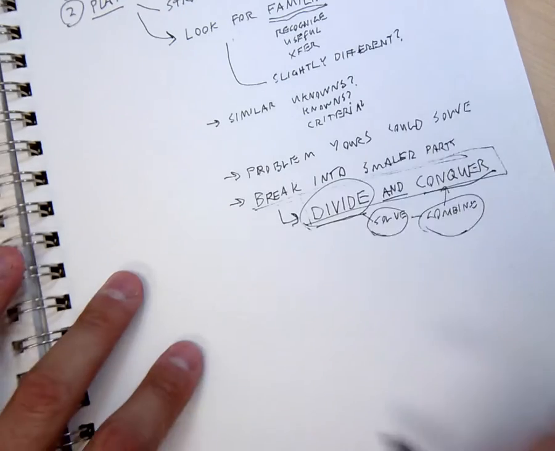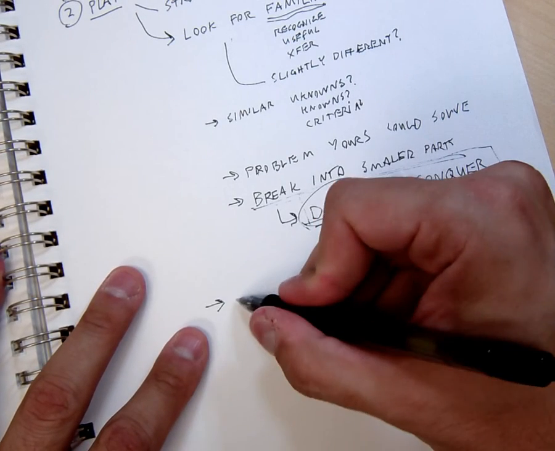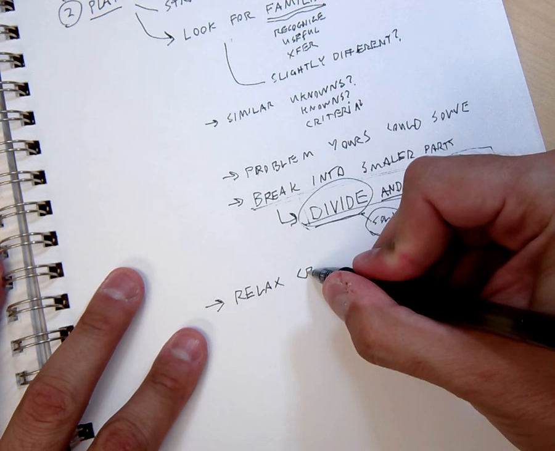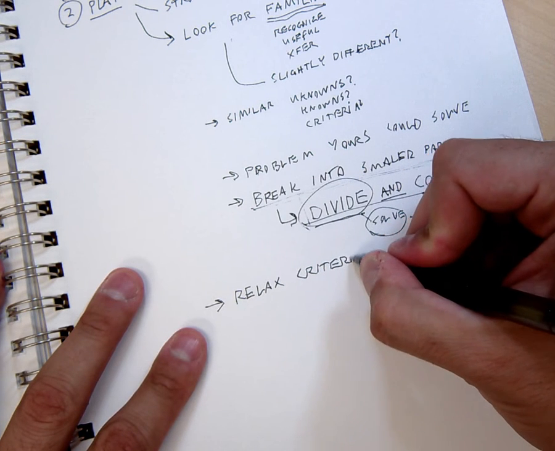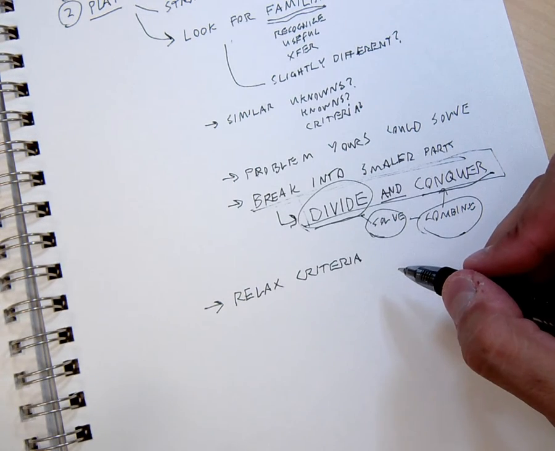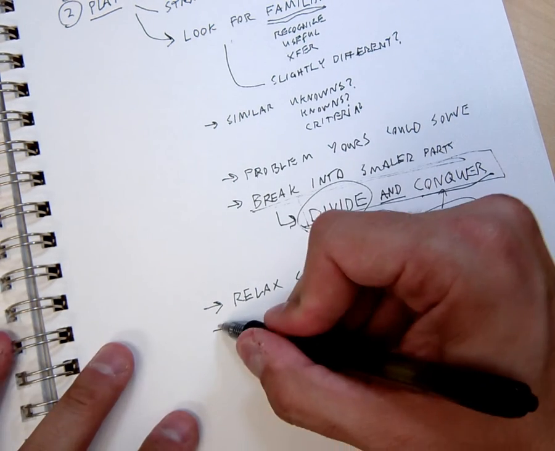There are ways you can relax the criteria. What if I don't need this to be true? What if I add data or add information?